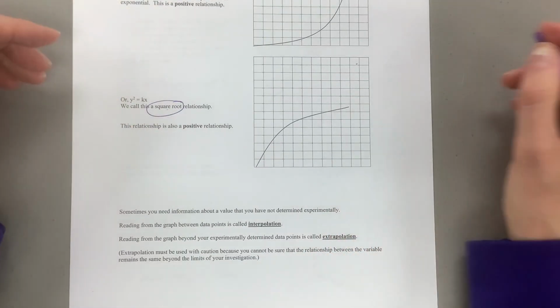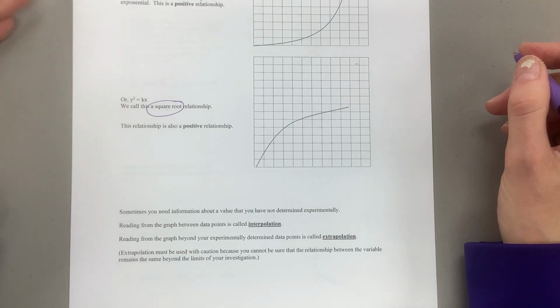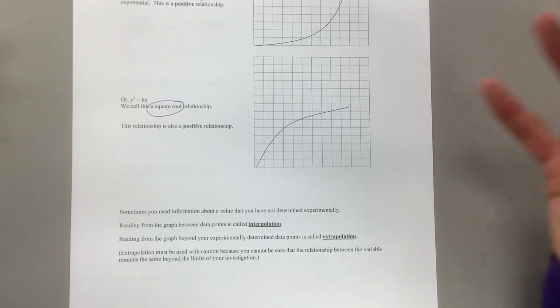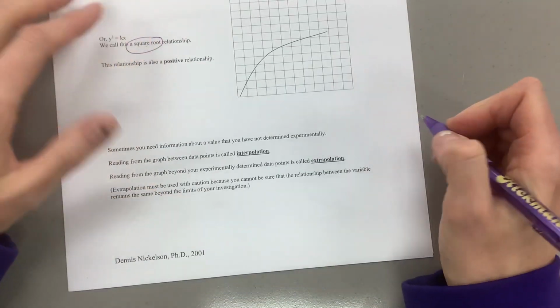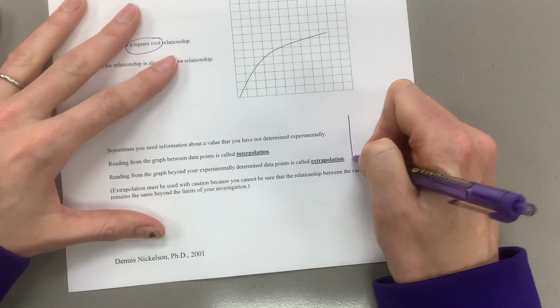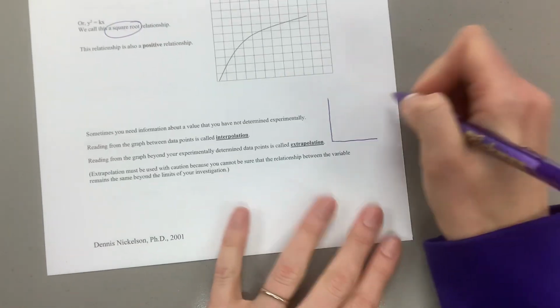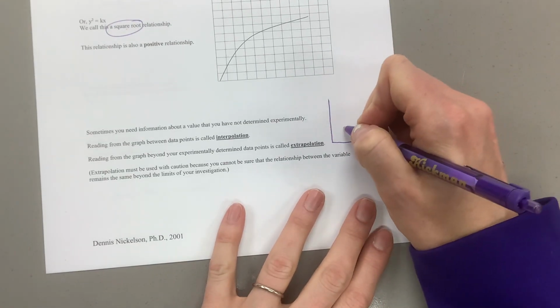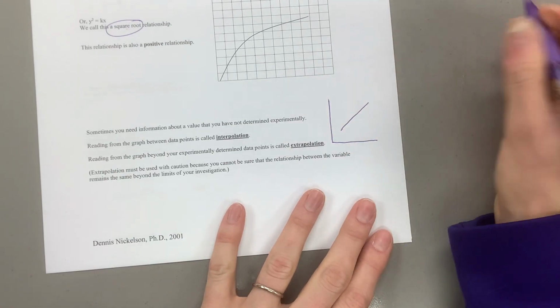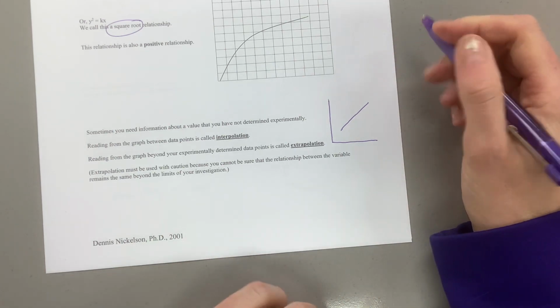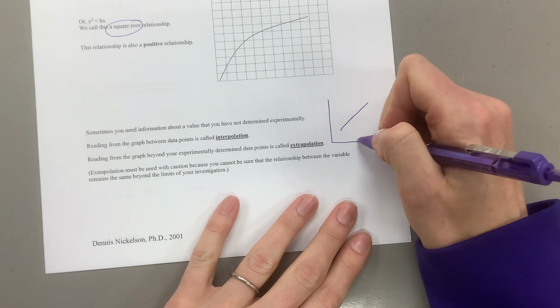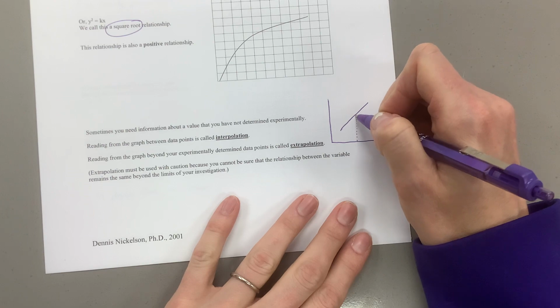Now, the real reason we use graphs is because sometimes we need to either predict what's going to happen next, or we need to predict within our values. And so the two things that we're doing are interpolation and extrapolation. And when you take the ACT, you might have to do both of those. So let's say you have some data, and this is where your data is, and you have been asked to predict something that is right inside here, okay?